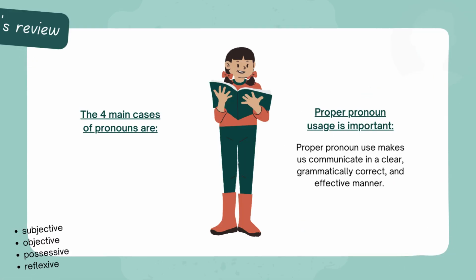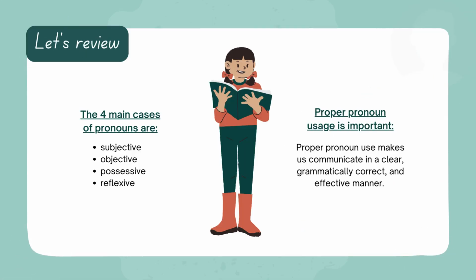Now let's review. The four main cases of pronouns are the subjective, objective, possessive, and the reflexive pronouns. Now write down, if you remember, what each of them stand for, what they do, where you usually find them in the sentences, and probably some examples. Proper pronoun usage is very important because it makes us communicate more clearly, it makes our grammar correct, and it makes us speak in a very effective manner.